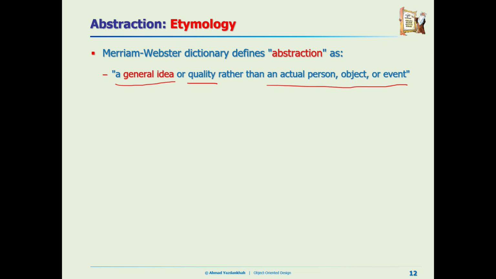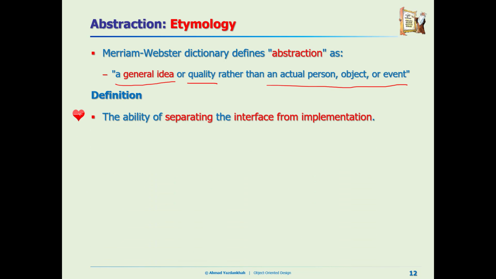It's not something real; it's a general idea or concept. Officially, we define it like this: abstraction is an ability that we have in object-oriented programming, and that ability is to separate the interface from the implementation. So we have the ability to separate the concept from the implementation.